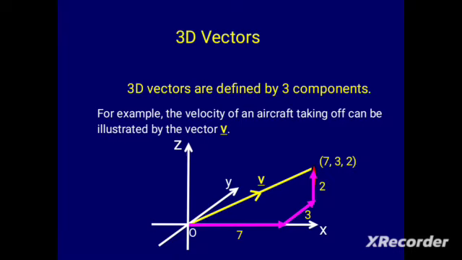So the point where we have that object will have coordinates 7, 3, 2. So up to x we have 7 units, then 3 units, and finally 2 units.